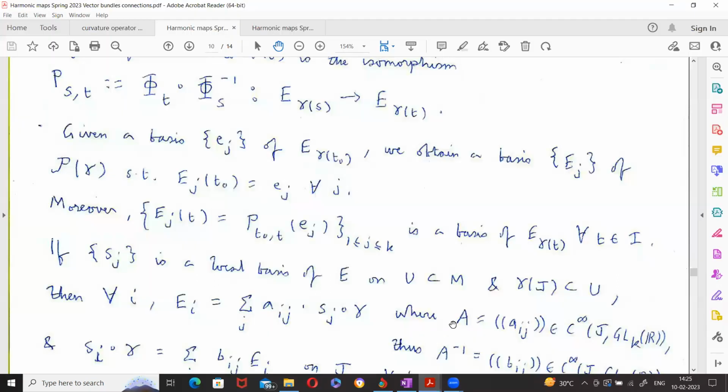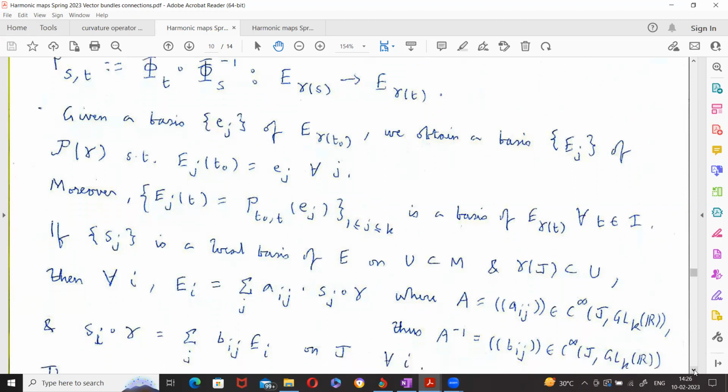So that's the picture. Now it's useful to write any section along gamma in terms of this parallel basis, and in terms of the parallel basis, the covariant derivative will become very simple. First of all, we need to be sure that when we write any section with respect to the parallel basis, the coefficients are going to be smooth.